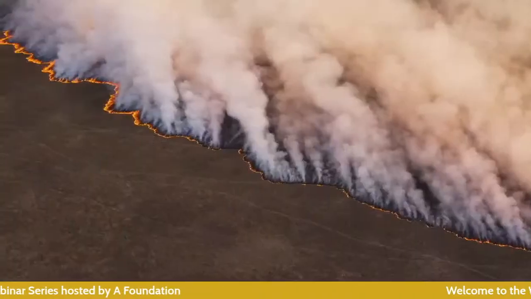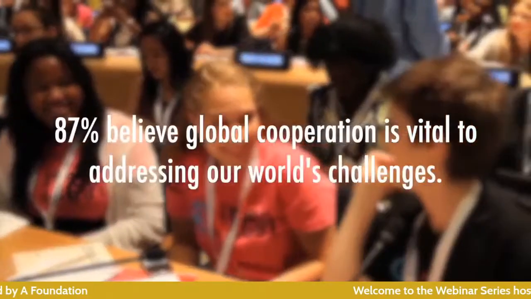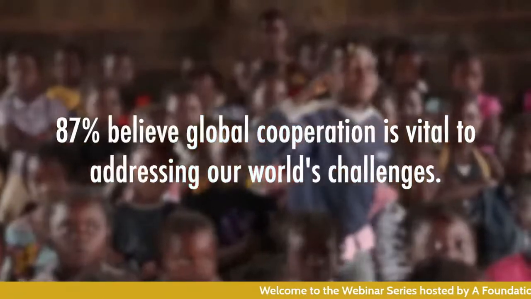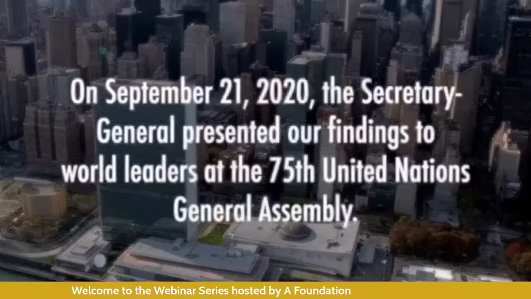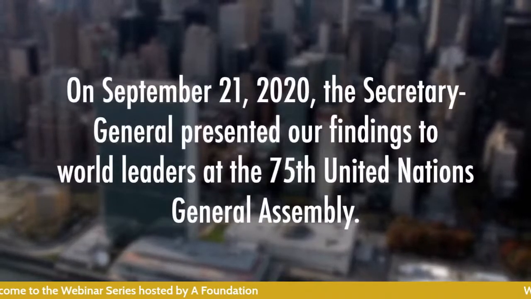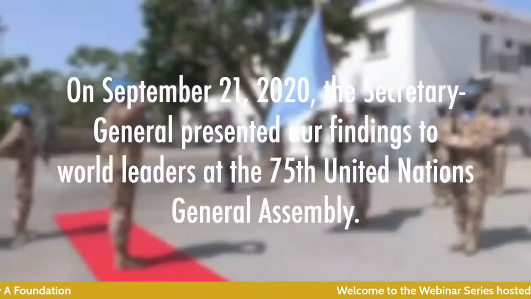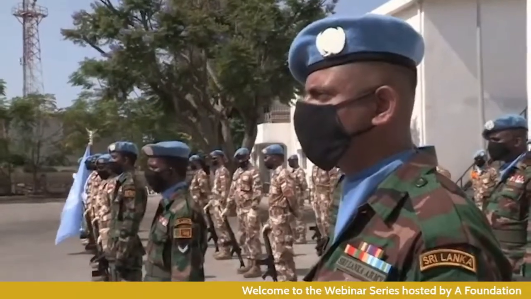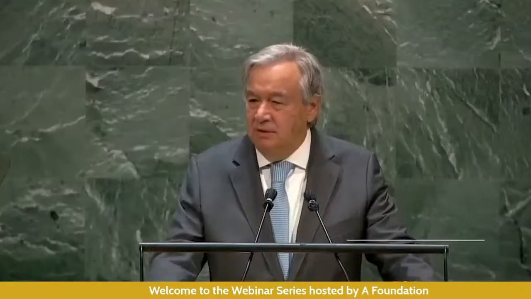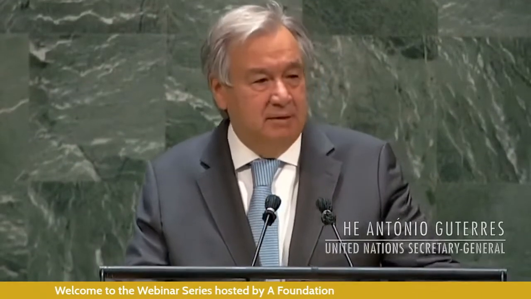We demand greater urgency to swiftly resolve our world's greatest challenges. It's time for us to act and work together. The ideals of the United Nations, peace, justice, equality, and dignity, are beacons to a better world.